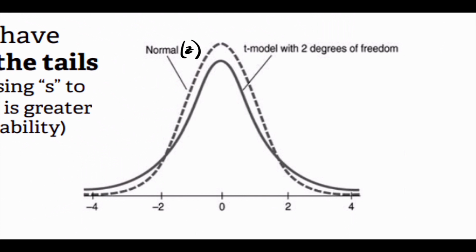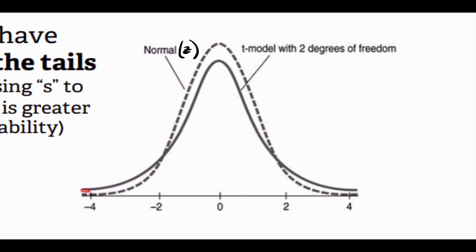And you can see that the dashed has less variability, a higher peak, and not as much area in the tails, right?